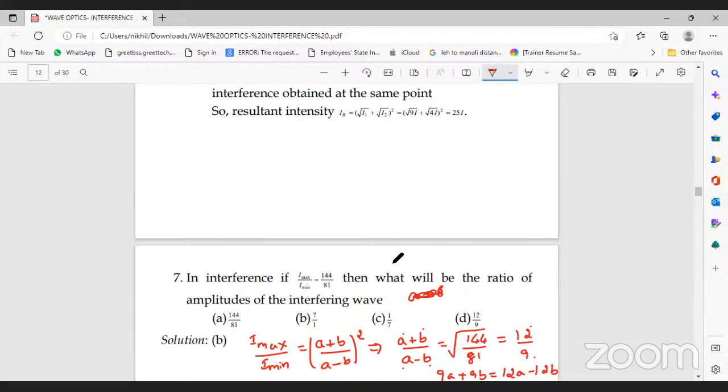So 12A minus 9A is 3A, equal to 12B plus 9B, which is 21B. So what is A by B? 3 by 21, so 1 by 7. Option C, 1 by 7.